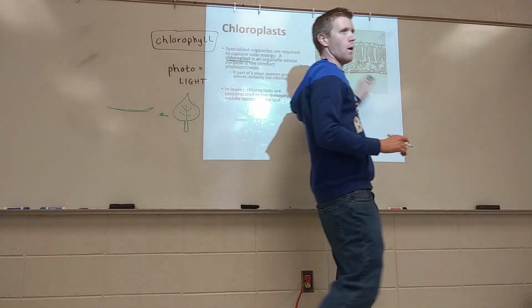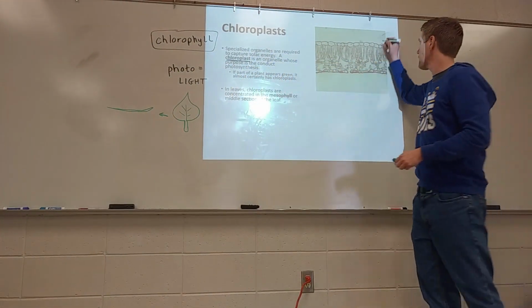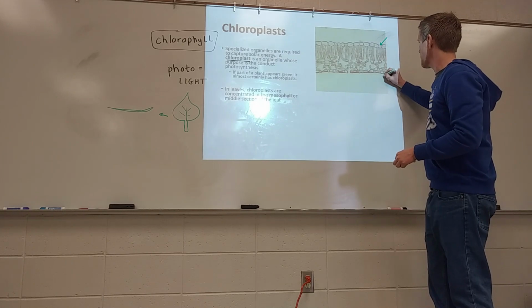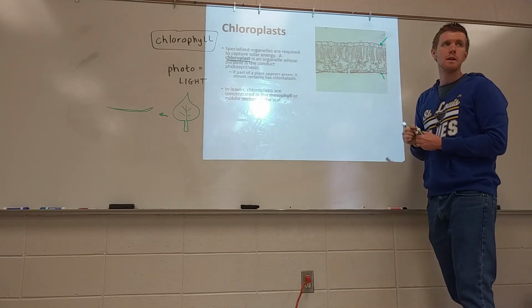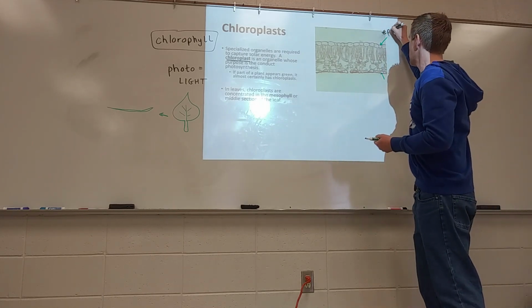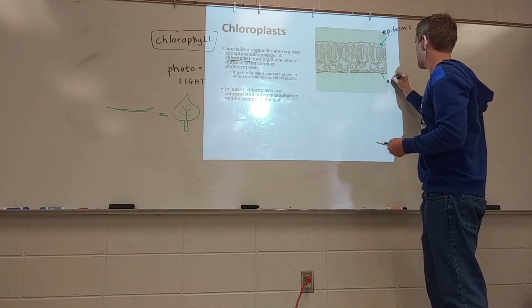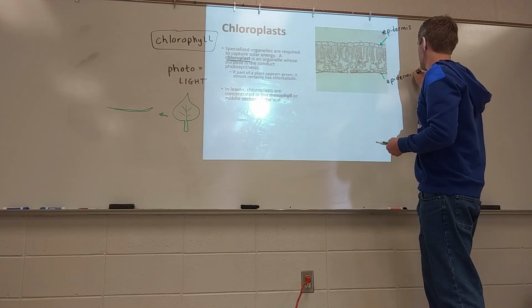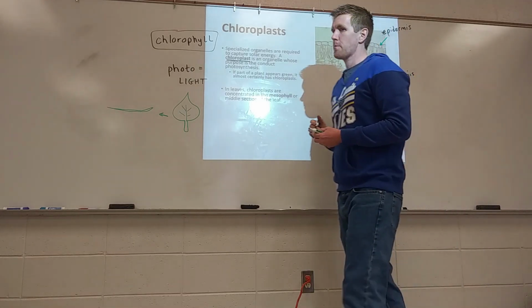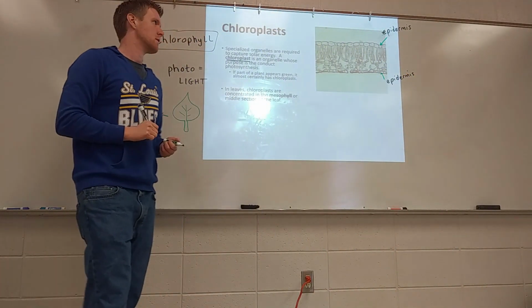If you magnified it quite a bit, you would see this. The top layer and the bottom layer of the leaf are the top and bottom, or upper and lower, I should say, epidermises. These provide protection and help retain water for the plant.